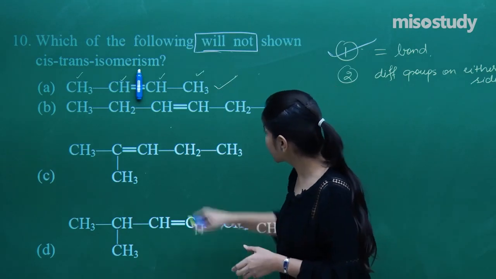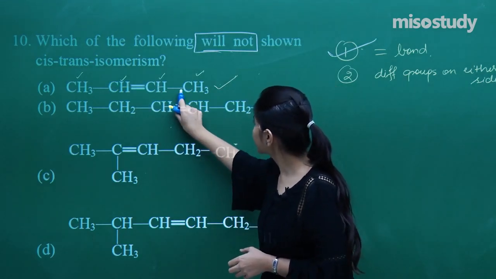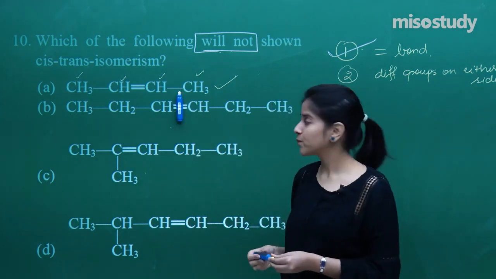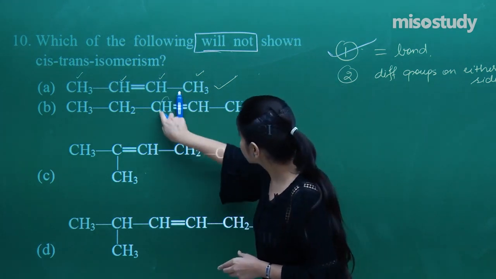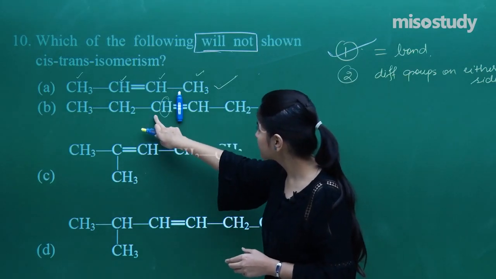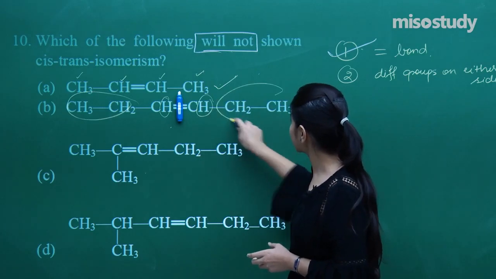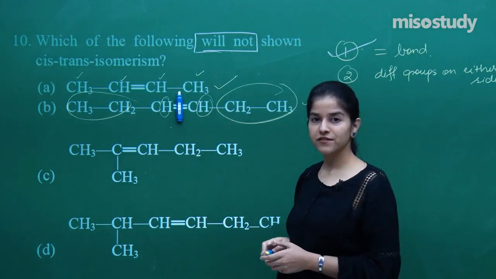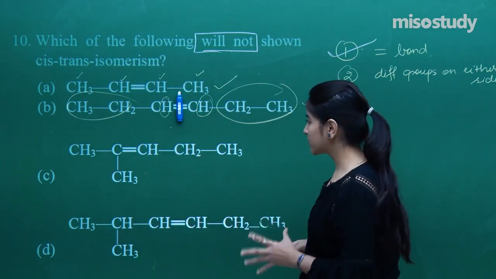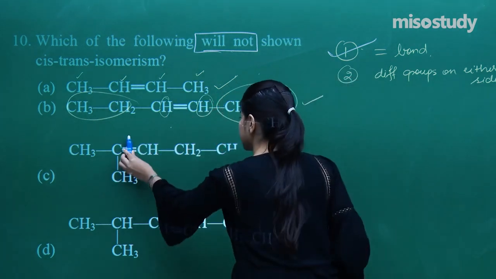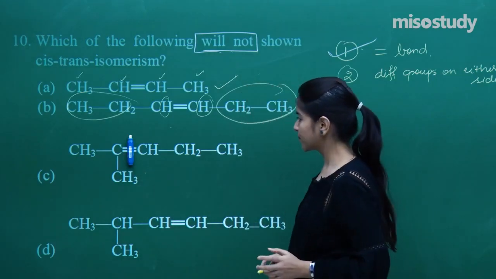Now, if I move on to the next option, a double bond is there, right? I need to check the groups now. Here I have got H attached with carbon, and the ethyl which is attached. Here H and the ethyl. This will also give. If I move on to option number C, a double bond, right? I need to check for the groups now.